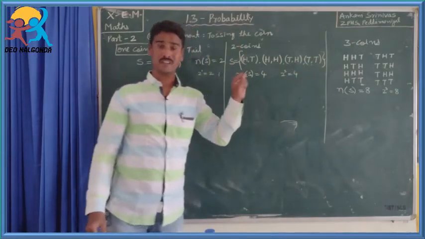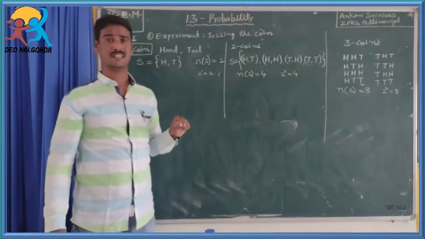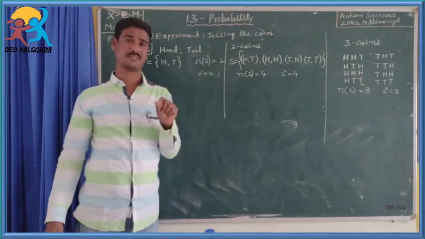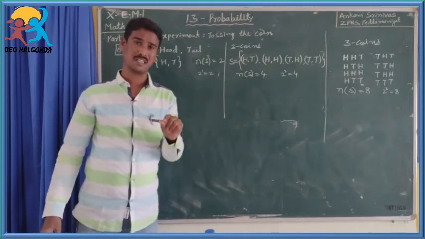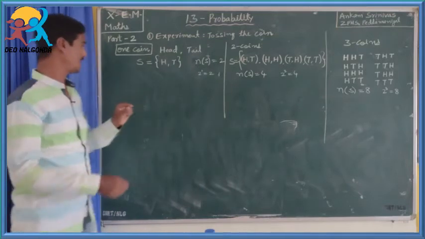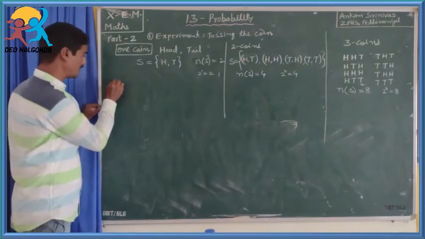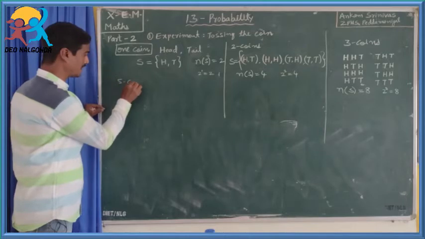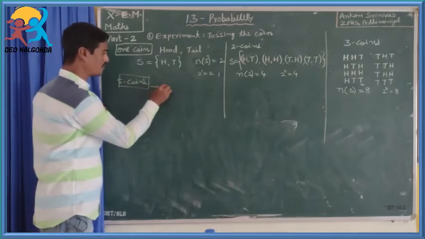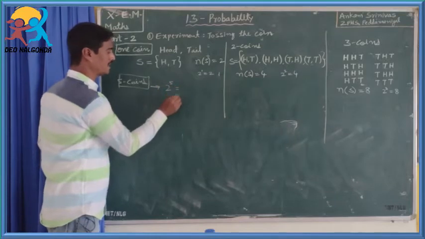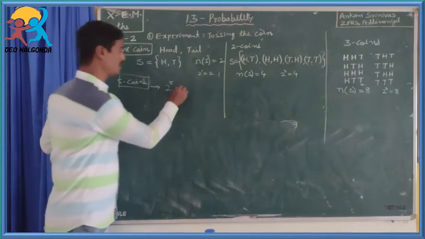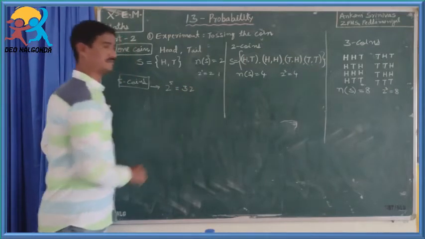So when you toss 5 coins at a time, what is the total number of outcomes? You will get 2 power 5, that means 2 into 2 into 2 into 2 into 2, that means 32.